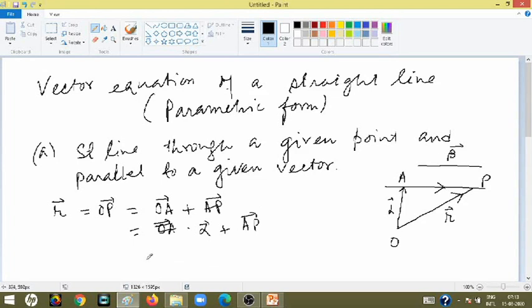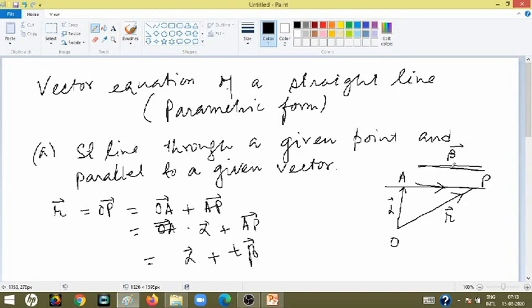AP equals alpha plus, previously we have discussed that this is a scalar, and we denote it with t, and this vector is beta.